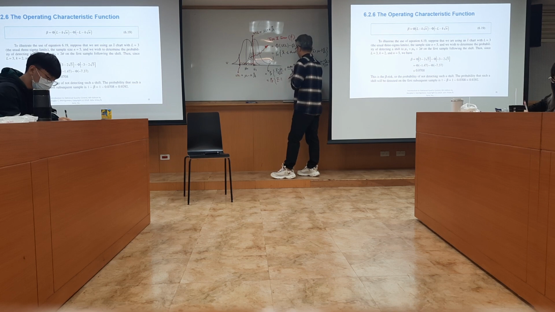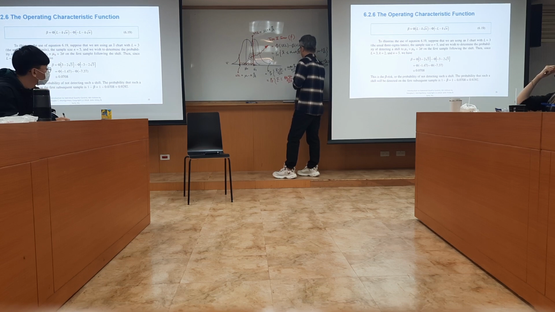This is cancelled. So this is mu naught minus mu 1, divided by sigma over square root of n, this minus divided by this, and plus k.